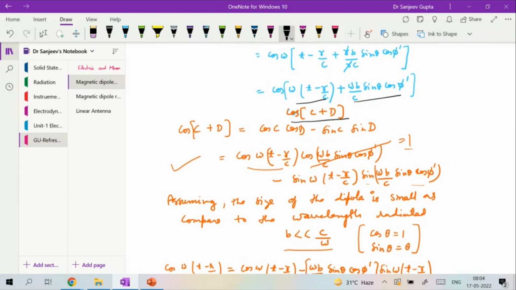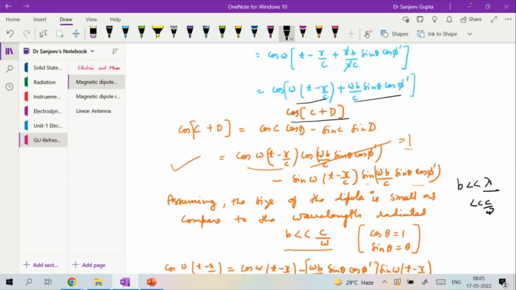But we know that the dipole is very, very small as compared to the wavelength which we radiated. So it means b is very, very small as compared to lambda, and lambda is nothing but c by omega. When it happens, it means omega b by c is very, very small.